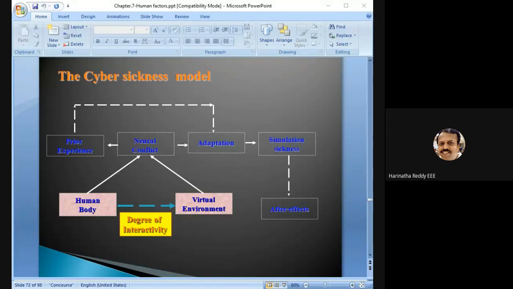We call it the navigation technique. So this degree of interactivity is a factor that can be expressed as the user's navigation techniques. Definitely, the user's navigation techniques also influence cyber sickness, and that is what we represent as one degree of interactivity.